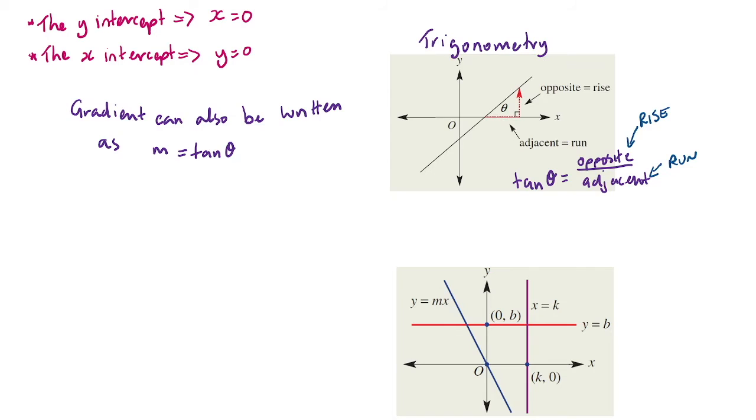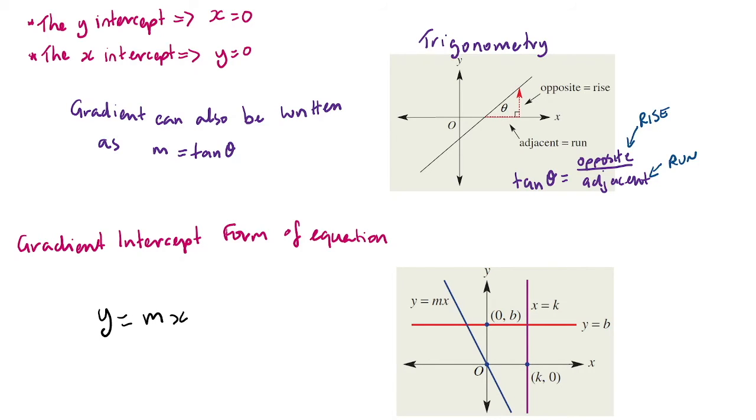Now, remembering a couple of little facts about this stuff, we will probably visit this a little bit more at another date. What we use most of the time for the equation is the gradient intercept form, and that is y equals mx plus b.